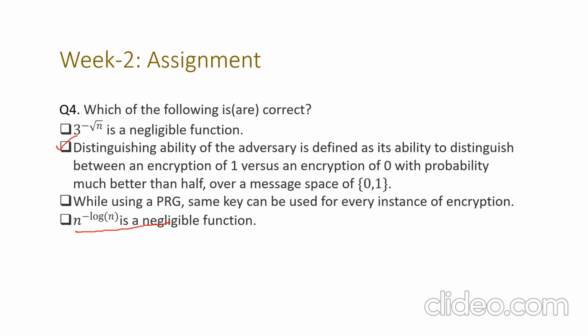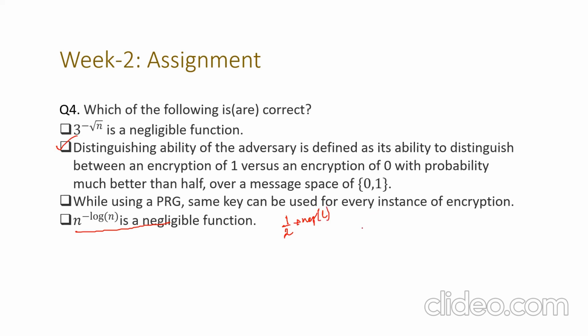Yes, whenever we say that the adversary is able to distinguish, that means that with probability much better than half. Because when we say that the adversary is not able to distinguish or the system is secure, that means that the distinguishing advantage of the adversary is negligibly greater than half.